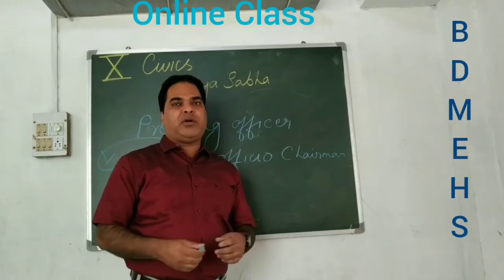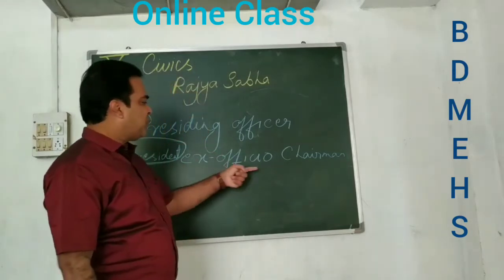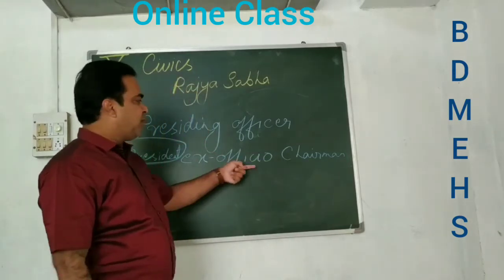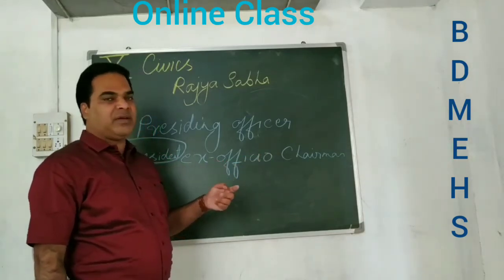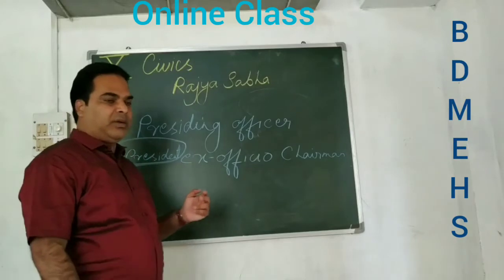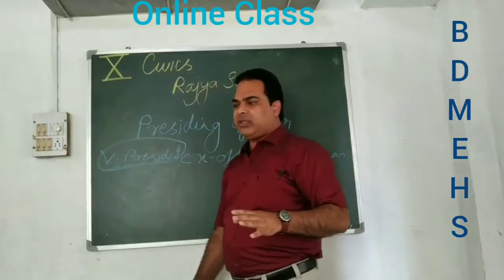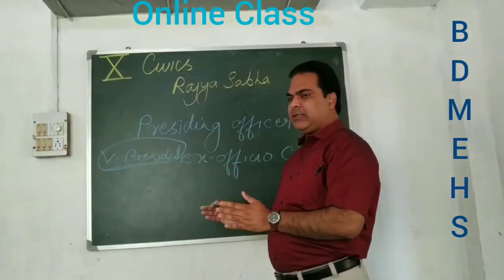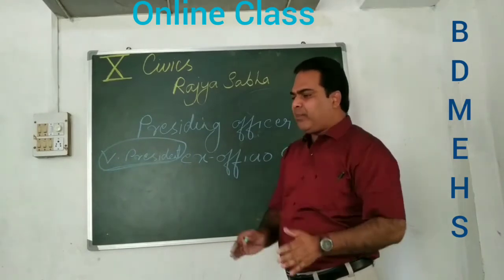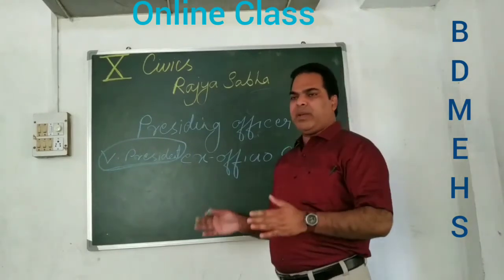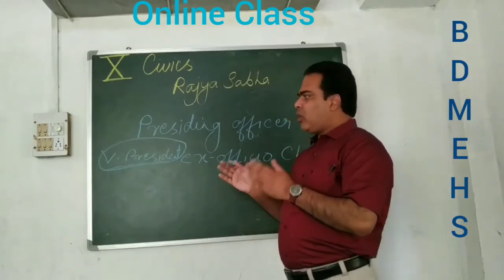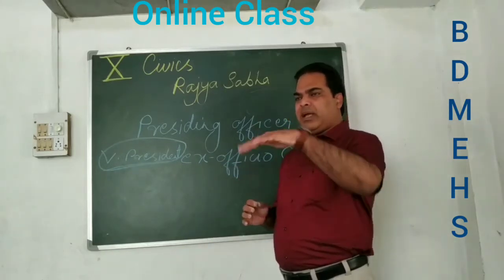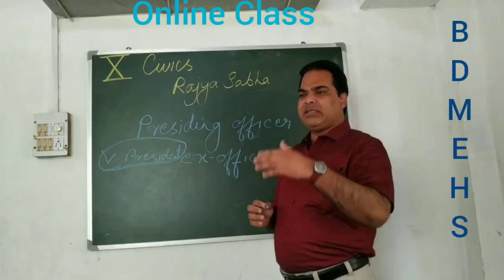By default, he is also termed as ex officio chairperson. Ex officio chairman. Who is the ex officio chairman of Rajya Sabha? It's the Vice President of our country. So there should not be a confusion that the Vice President is a member of Rajya Sabha. He is not a member of Rajya Sabha. By default, he is the chairperson, but he is not a member of Rajya Sabha like others who are elected by the state assemblies.